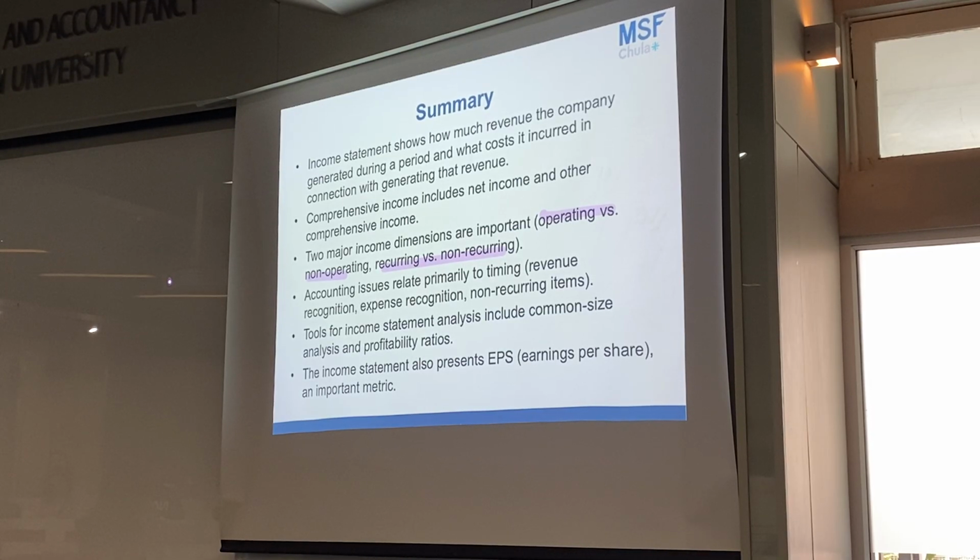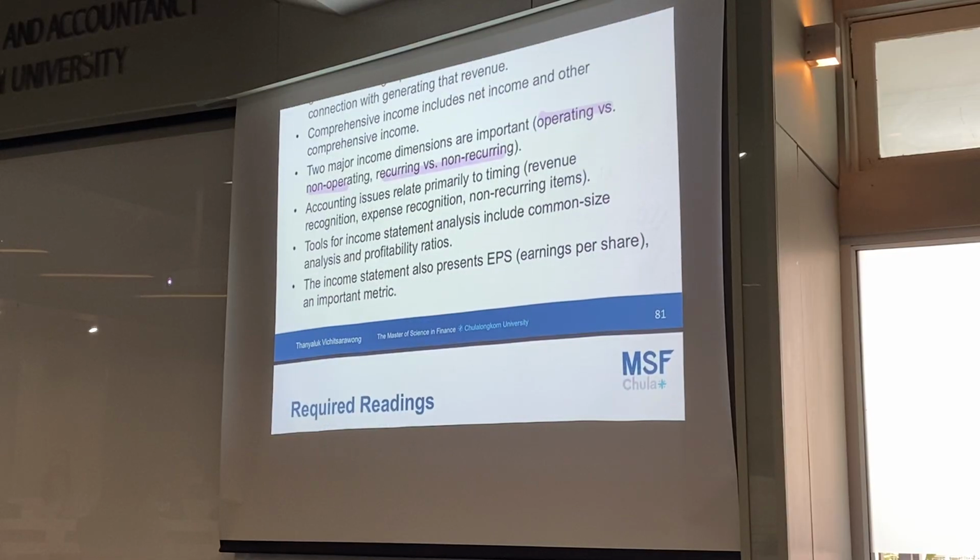If the company is to be sustainable in the future, the main income should come from core operations, and it should come from the recurring part. That indicates the earnings quality of the company, right? So it should come from that part. And pay attention to the timing of the revenue recognition, because we know that management has incentive to manipulate the earnings number. And the last part will be the EPS.